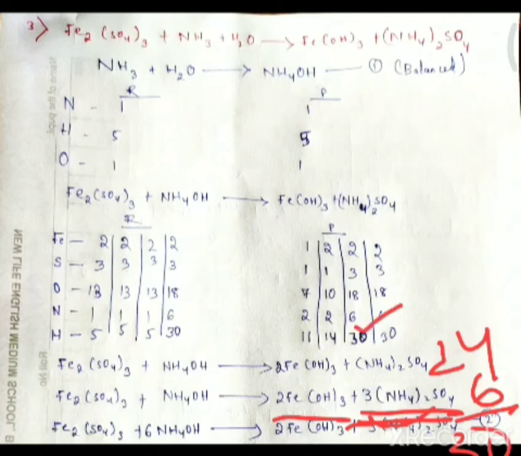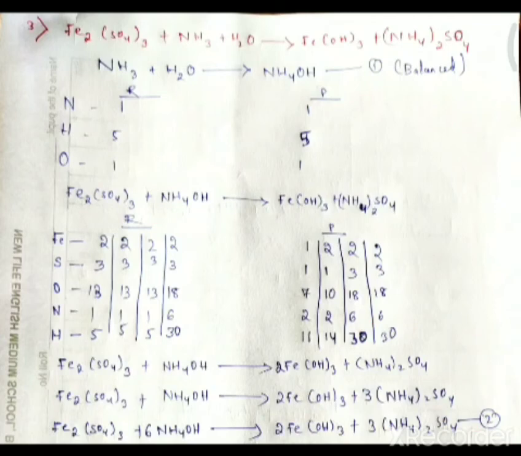Then this side we have not made any change, so we will write the same as before, okay. Then at last we will put the coefficient 6 near nitrogen, because here the nitrogen atom in the product side is 6, that's why we put 6 coefficient in the reactant side.